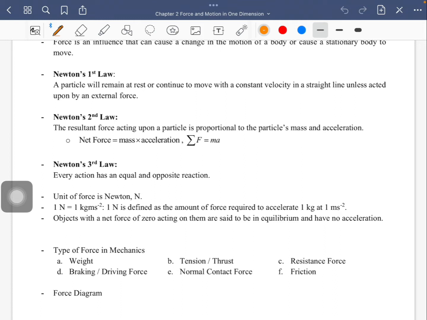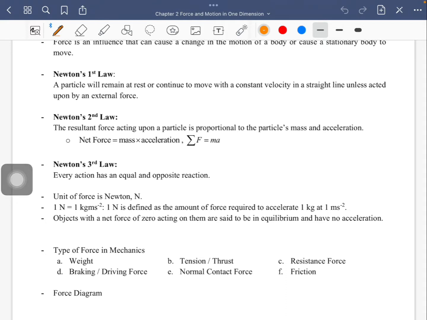Or you can think about an object on the horizontal floor: the object has weight acting vertically downward, and opposite of that weight force we have the normal reaction force from the floor acting up. So that's the three Newton's laws we have in this syllabus, but no worries everyone, because in our syllabus the question will not ask to state the laws of Newton.